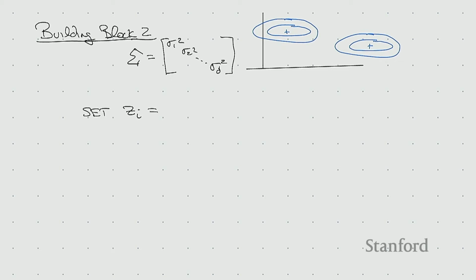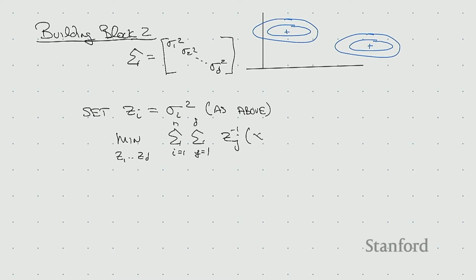So we're going to set z_i equal to sigma_i squared as above. Same thing we did above. We're going to minimize now over z_1 to z_d. These are all scalar values, all positive too. The sum over j from 1 to d of z_j inverse times (x_i minus mu_j) squared.